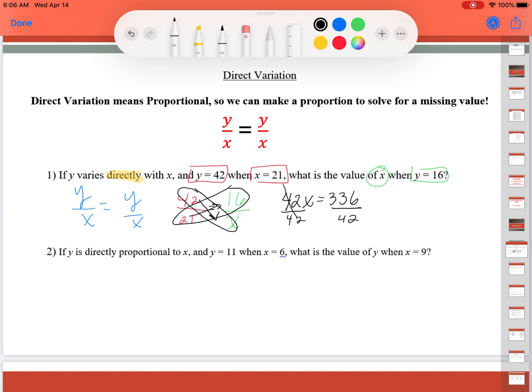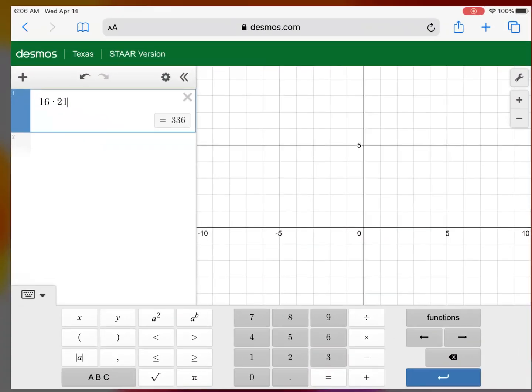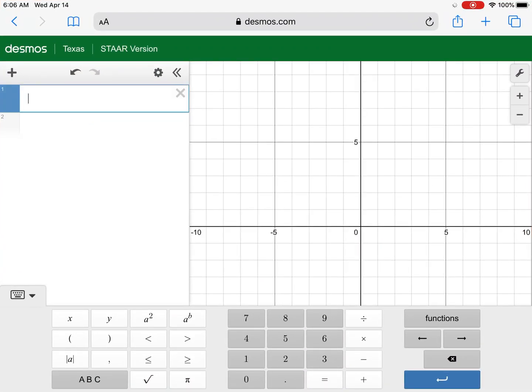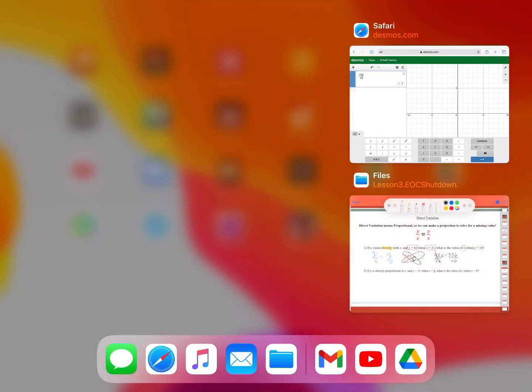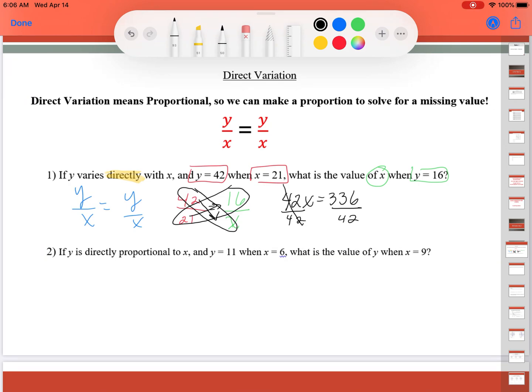By dividing by 42, that makes the x now be by itself: 336 divided by 42, and that's the number 8. So the correct answer to number 1 is x equals 8. So easy.